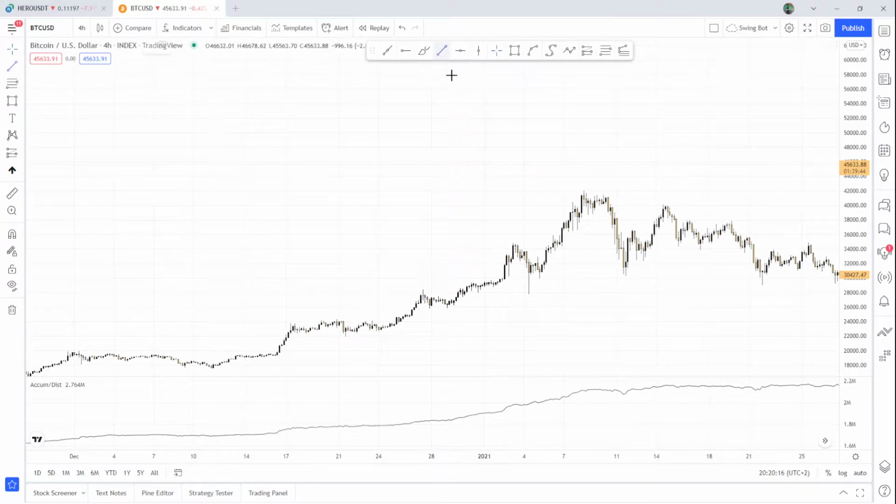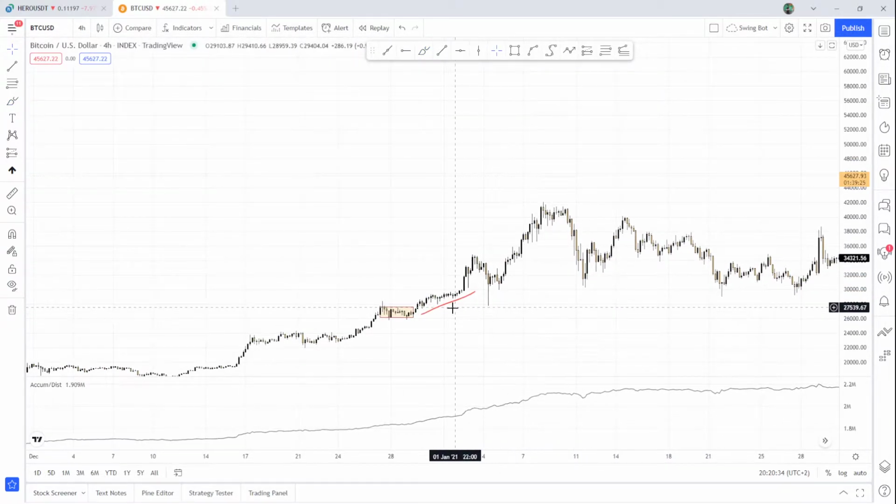And distribution is this one. So here we have an accumulation zone, so it's accumulating, and then we have distribution. This is distribution, when it breaks. Distribution can happen both ways.